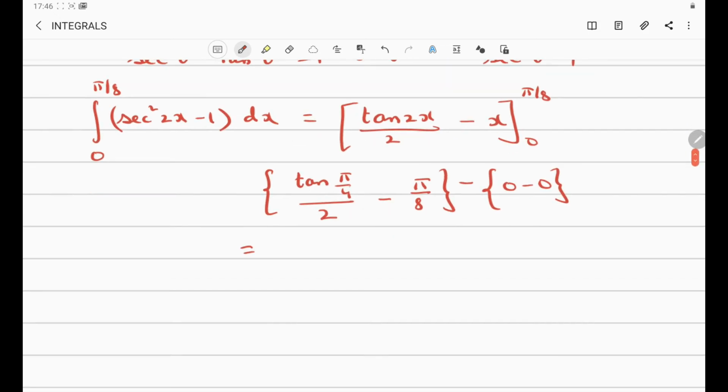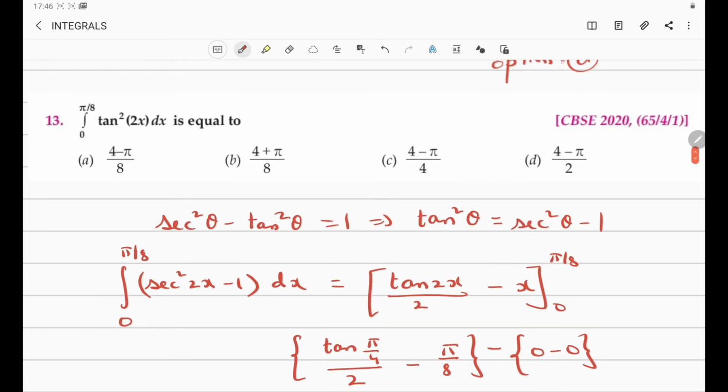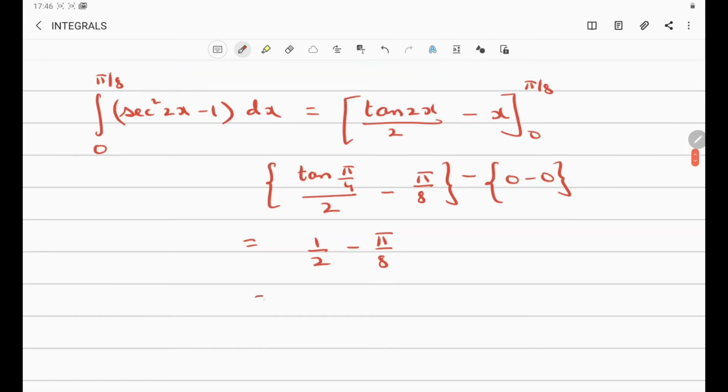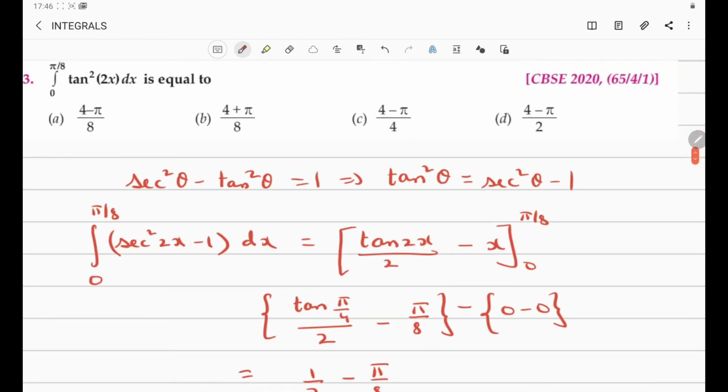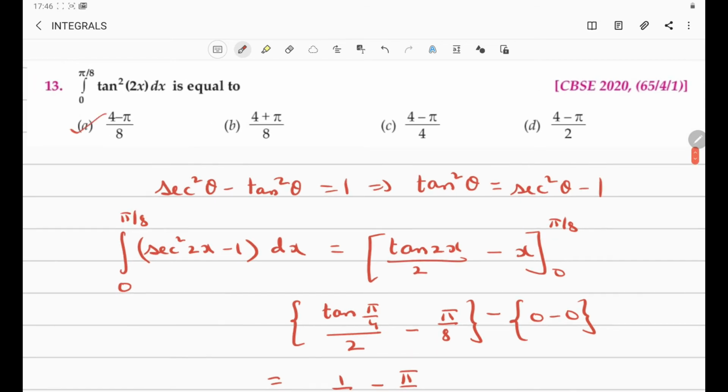So we get tan pi by 4 is 1, so 1 by 2 minus pi by 8. So the right option among this, if we take LCM as 8, we get 4 minus pi by 8. 4 minus pi by 8 is option A. So option A is the right choice.